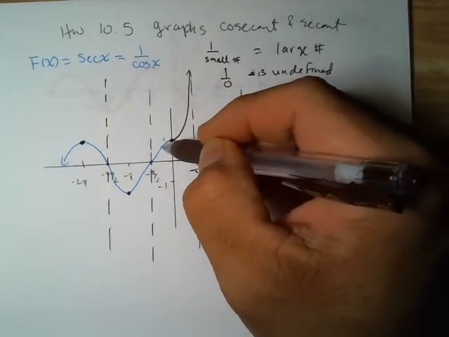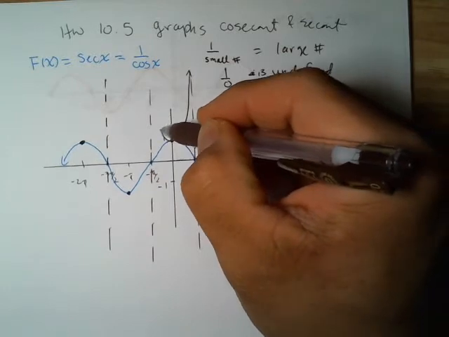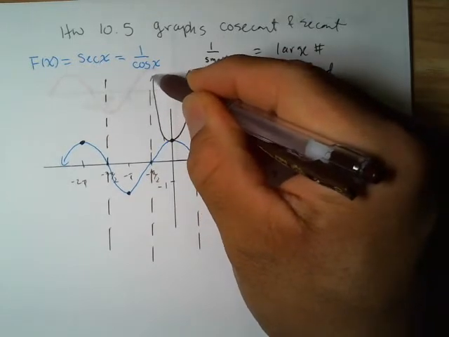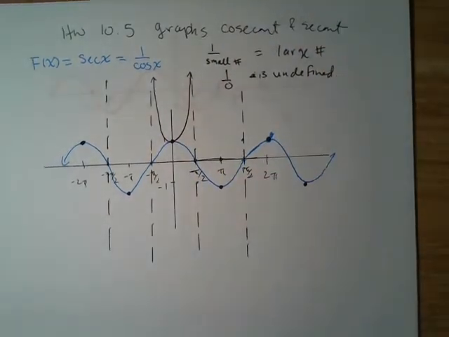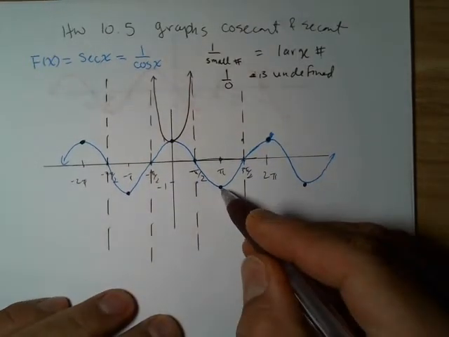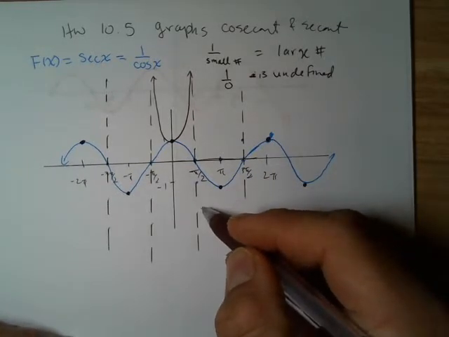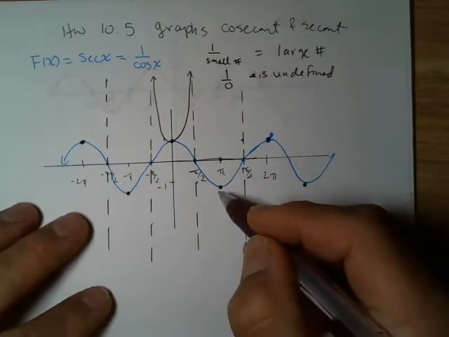And the same thing happens here. As we get closer to this asymptote, it does something like that. And the same thing here, we're just on the negative side. 1 over a very small negative number is a very large negative number.